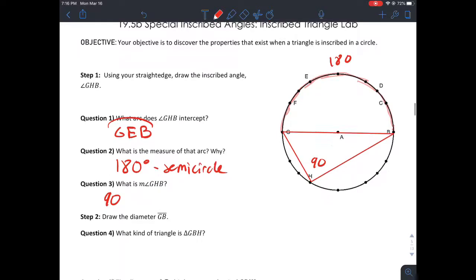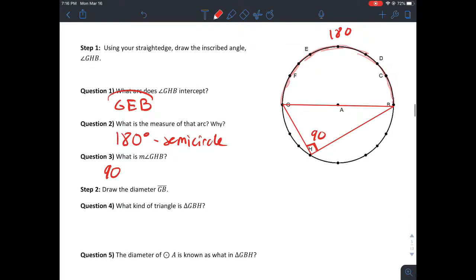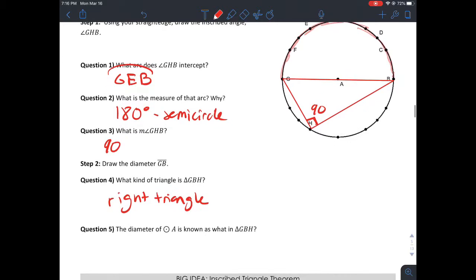We have diameter GB. It says what kind of triangle is triangle GBH? And hopefully you guys know this, right? Hopefully you're thinking it in your head. That's a right triangle. And for question 5, it says the diameter of circle A is known as what in GBH?